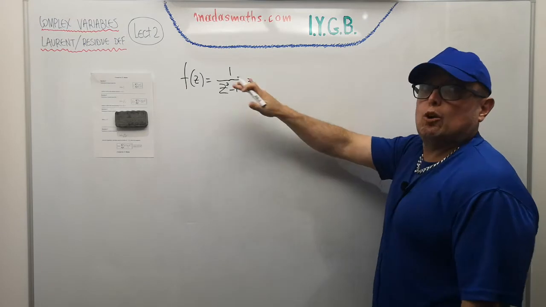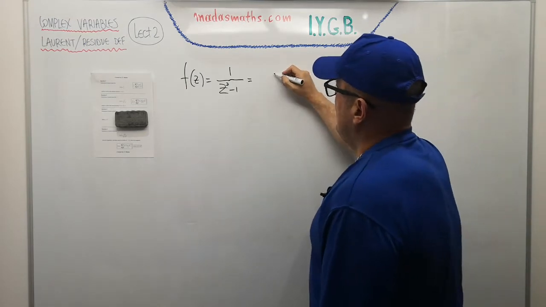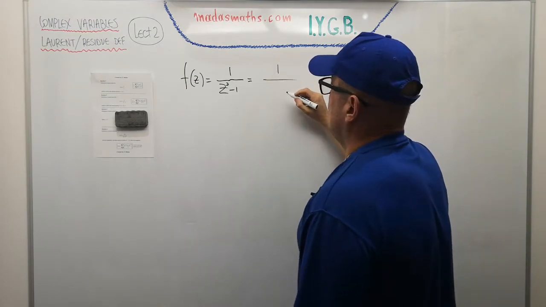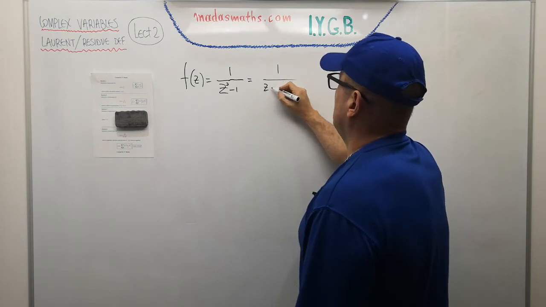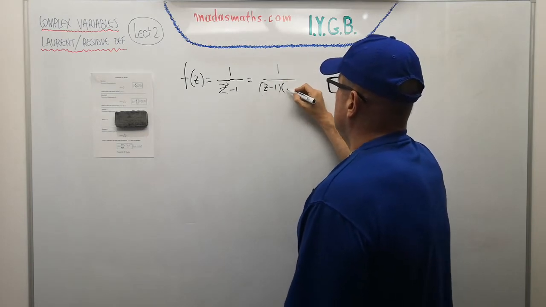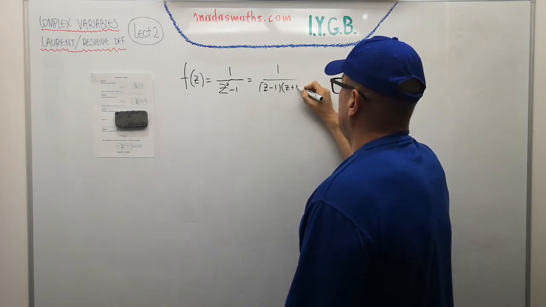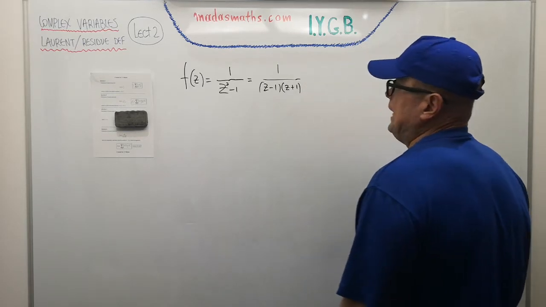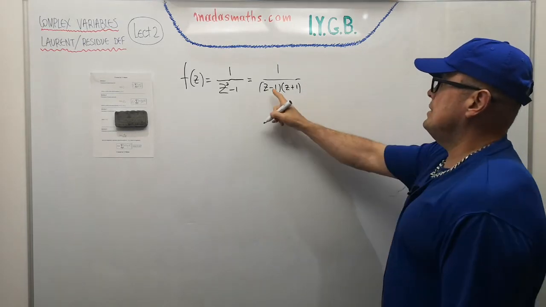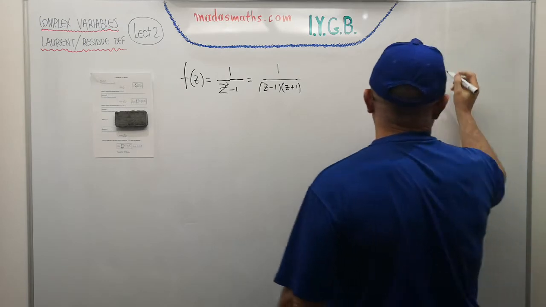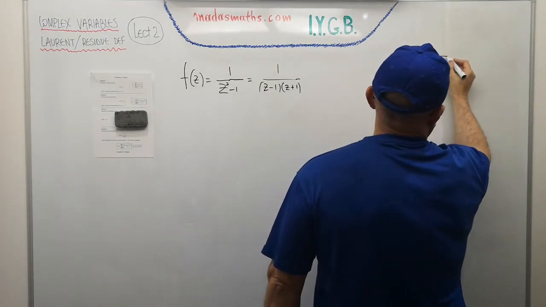And then I'll explain what the question is actually asking. Let me just factorize it rather: z plus 1 and z minus 1. So this particular function has singularities at plus and minus 1 on the real axis.